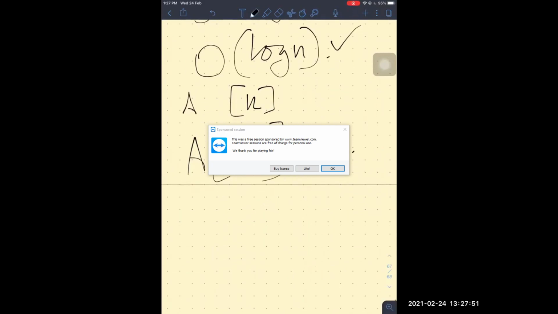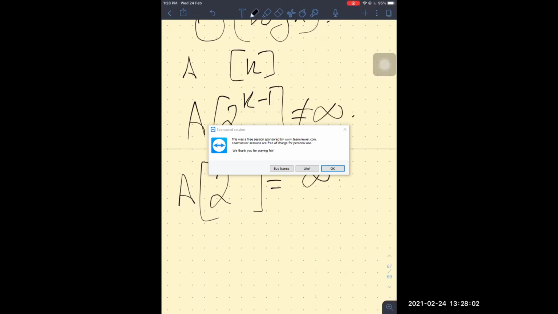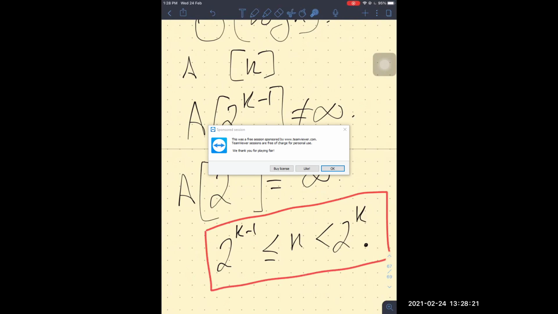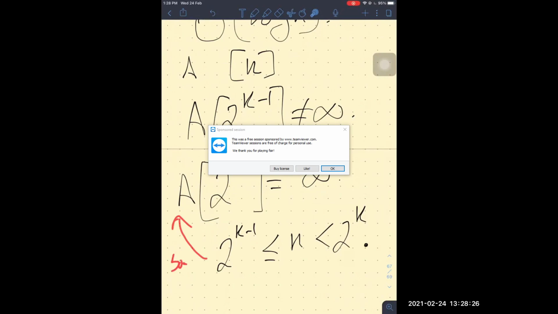So it has to be, and 2 to the power k was infinite. Is it clear? Yes. So as the array a is sorted, n has to lie somewhere between 2 to the power k minus 1 and 2 to the power k. So we are using the property that a is sorted to our benefit to design this algorithm.